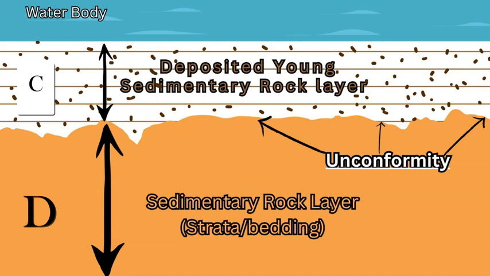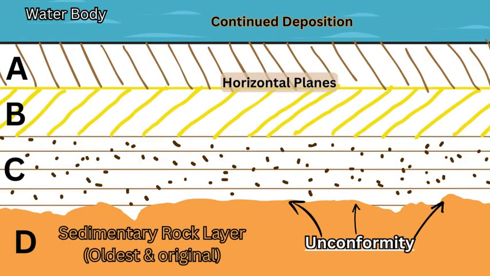And the unconformity is showing you the period of time that there was weather and erosion and a lack of deposition in this area.